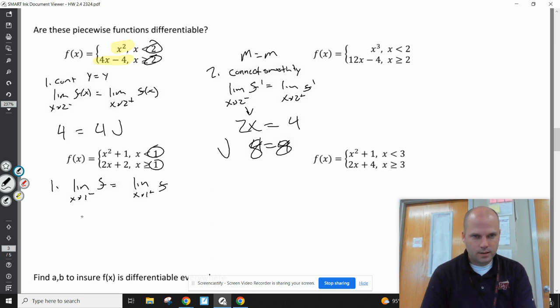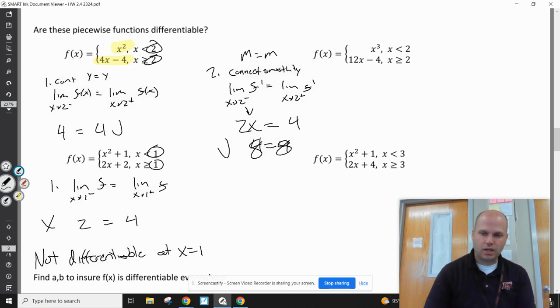I get 2. I get 4. No. Immediately I say not differentiable at 2. Sorry, at 1, because we're not continuous at 1.